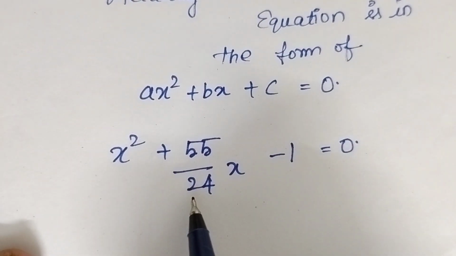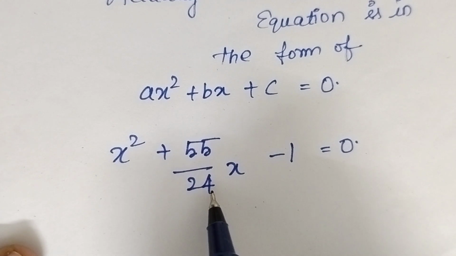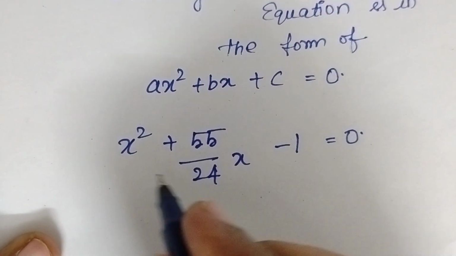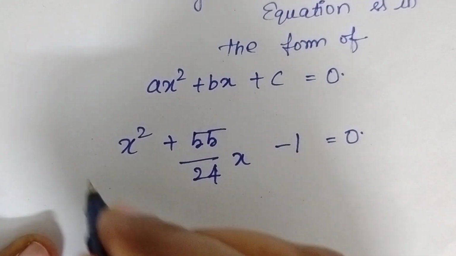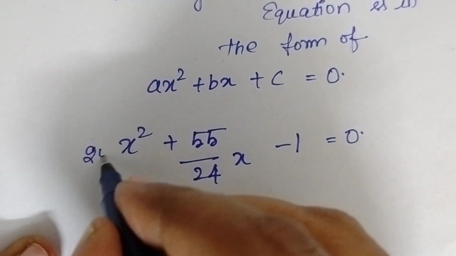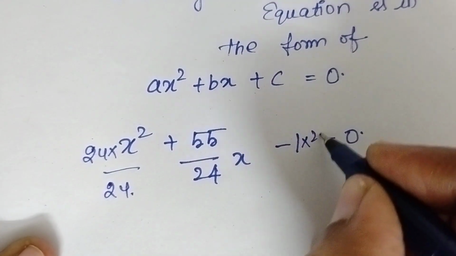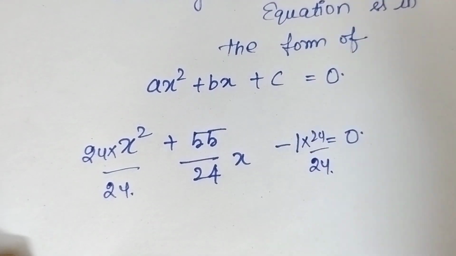If we see here, the denominator has 24. So now I am going to take the LCM. Therefore I multiply 24 in the numerator as well as in the denominator. Similarly here also I multiply the numerator and denominator by 24.